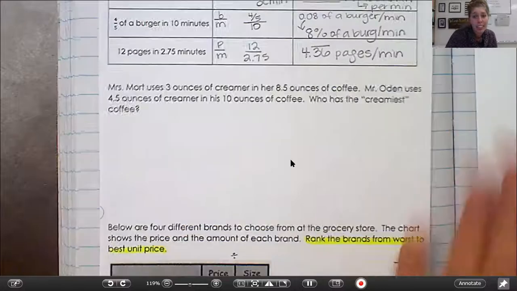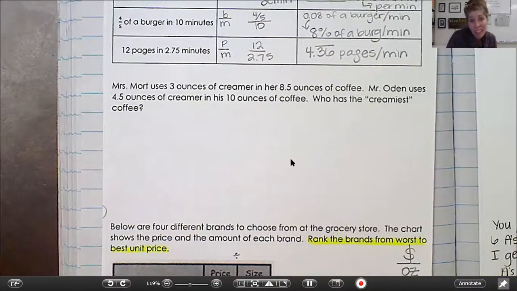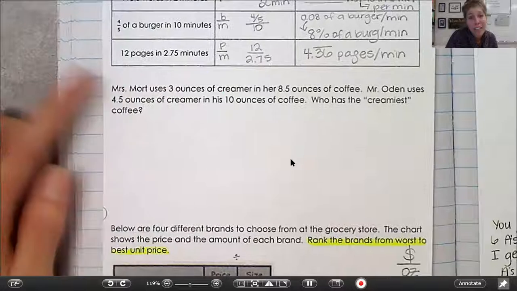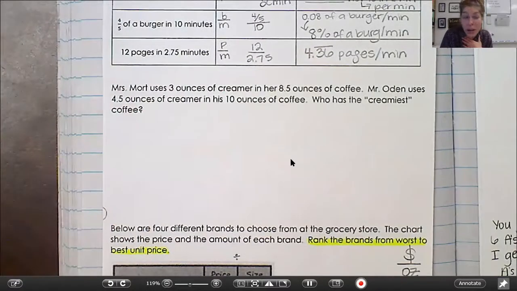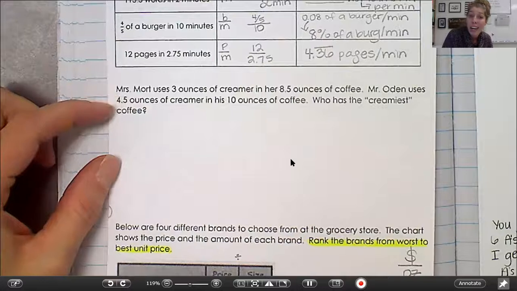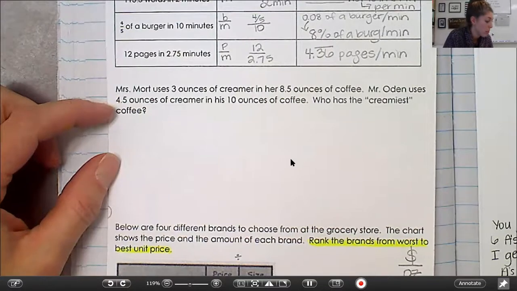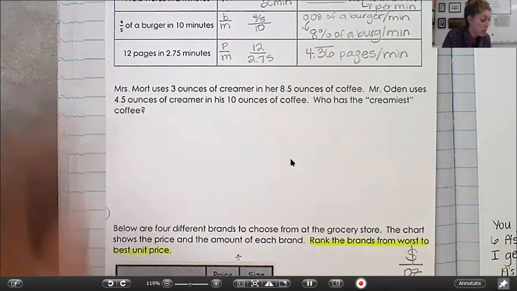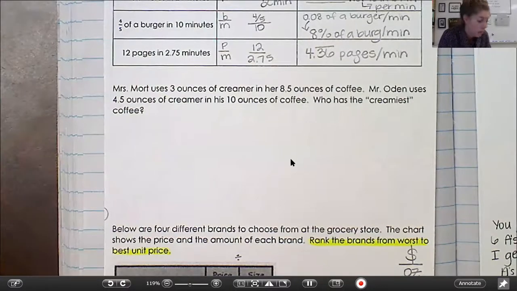Okay. So next thing we're going to do is make a decision with unit rates. Okay. So this question is about whose coffee is creamier, Mr. Odin or mine? Miss Moore uses 3 ounces of creamer in her 8.5 ounces of coffee. And Mr. Odin uses 4.5 ounces of creamer in 10 ounces of coffee. Who has the creamiest coffee?